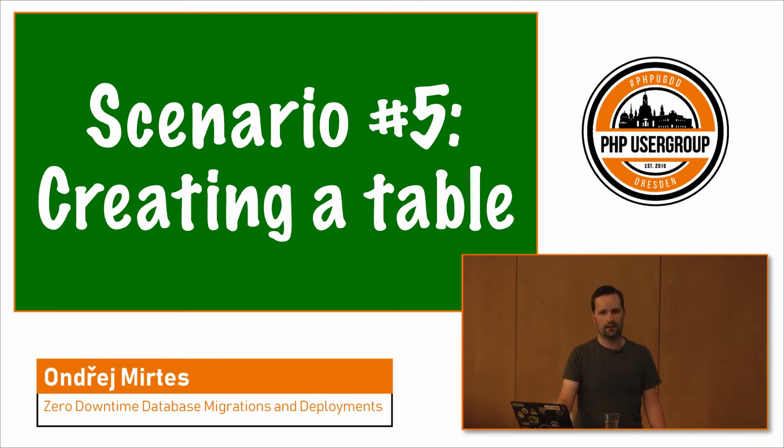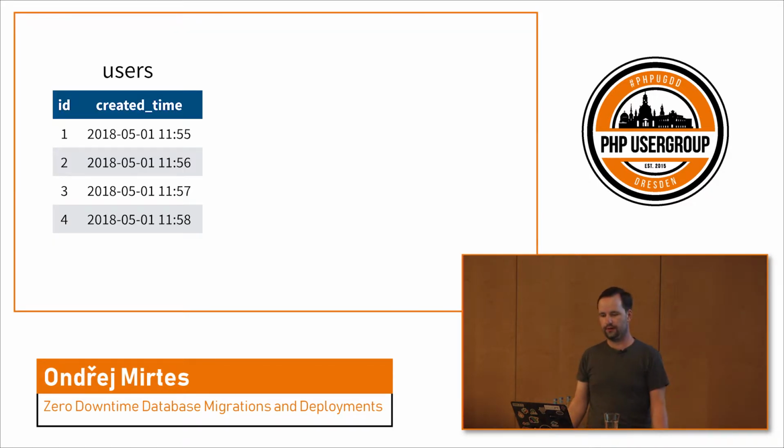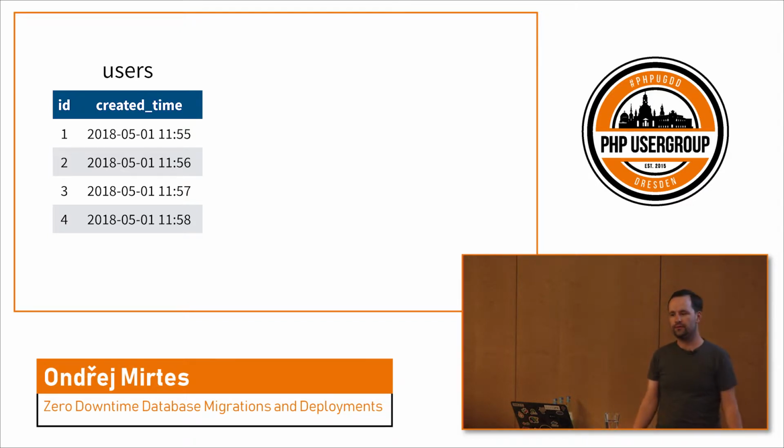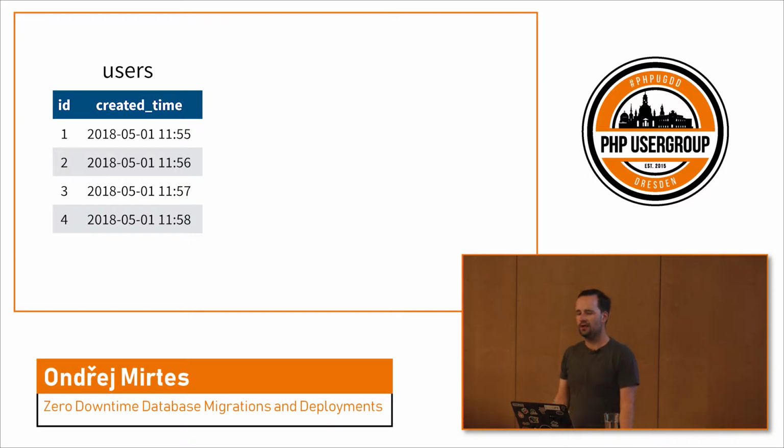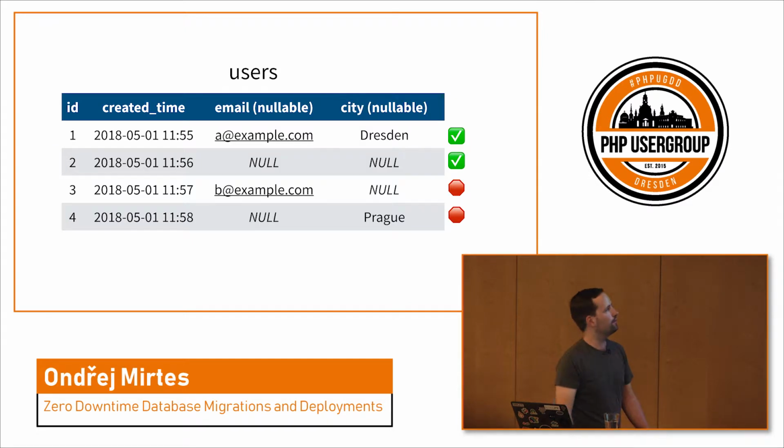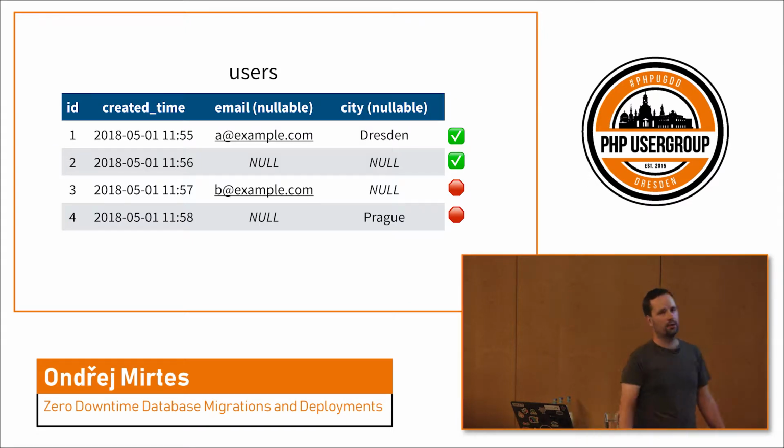And I have an example for you. So let's say that we have a table that combines anonymous and registered users. And we want to add columns that apply only to registered users. So one approach is to add nullable columns to the table.